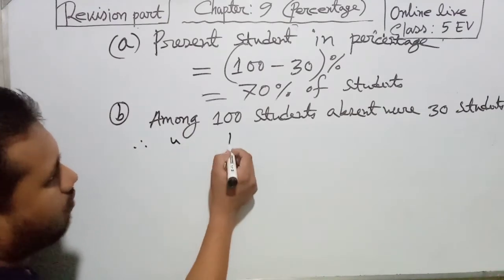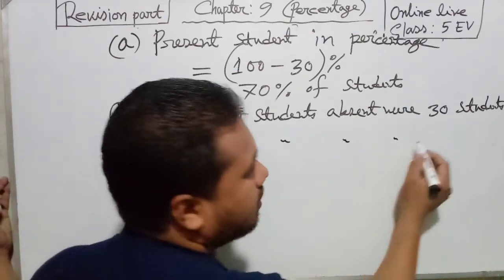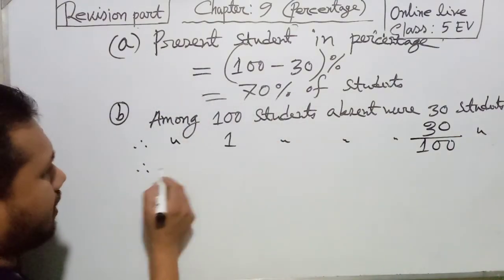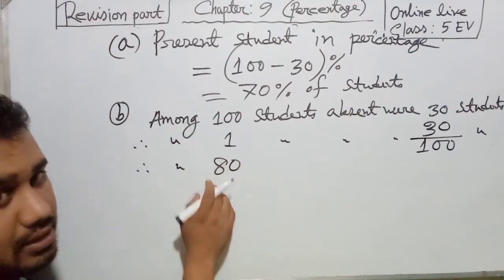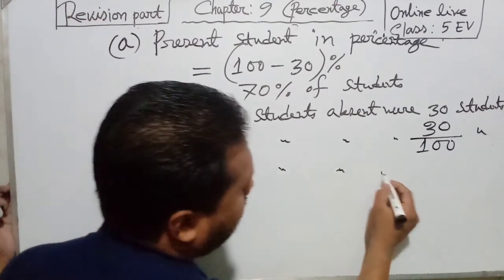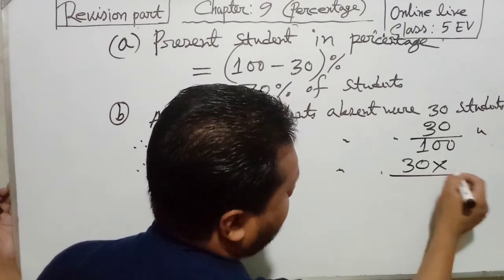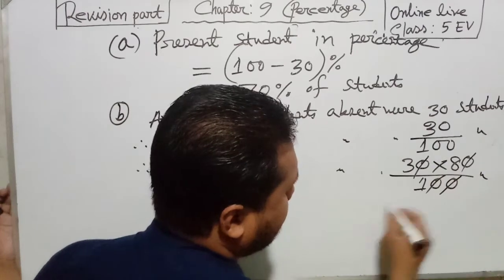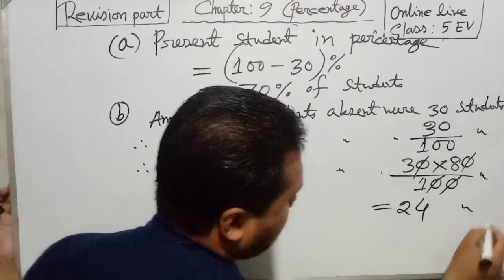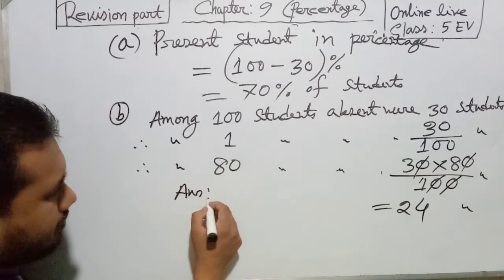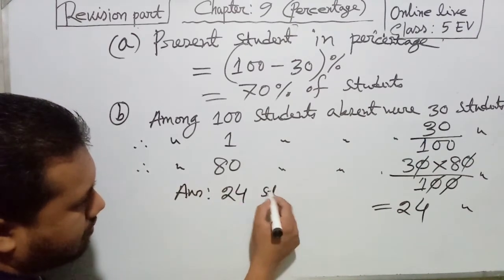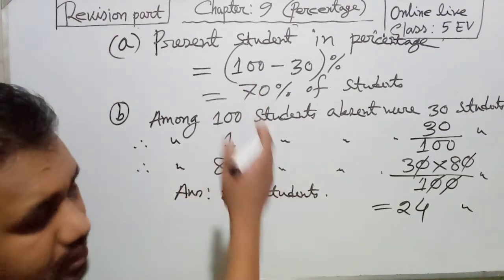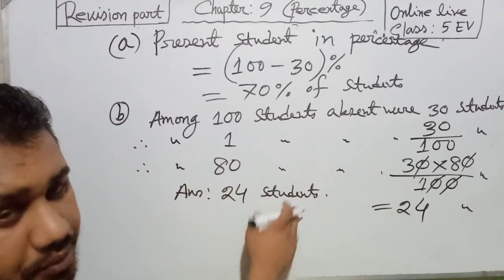That means among 1 student, as a unitary method, absent were 30 divided by 100 students. Now among 80 students, in a class, this is a class of 80 students, so it will be 30 into 80 divided by 100. So this and this minimize, 3 times 8 is 24. So our answer is 24 students. So on that day, Sunday, 24 students were absent in the class.